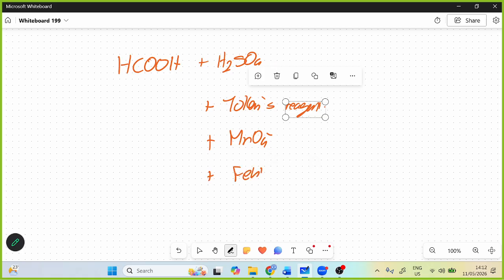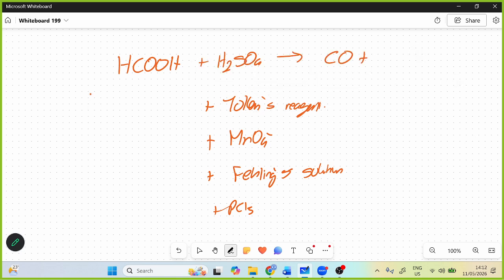So I'm going to add one that's not actually written, plus PCl5. The first one actually forms CO plus H2O. This is a drying agent, a dehydrating agent.